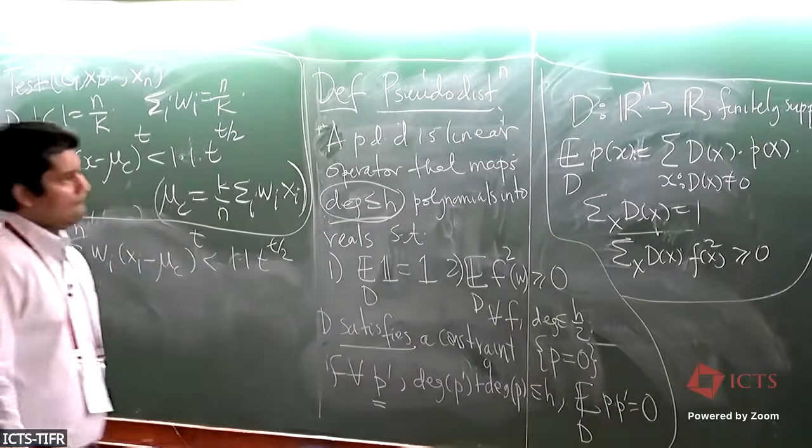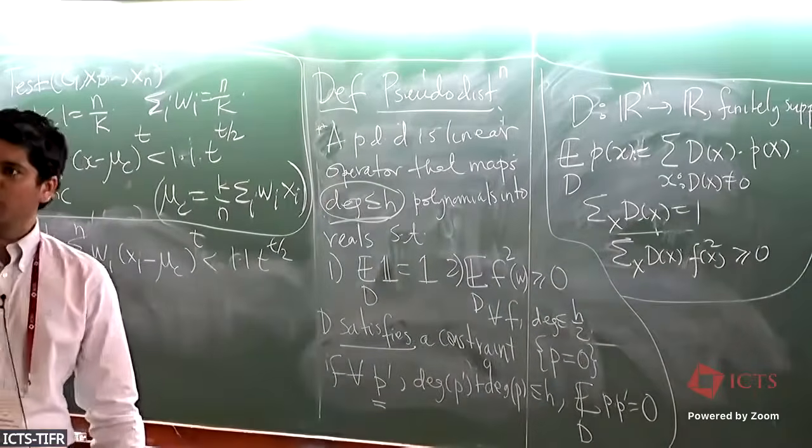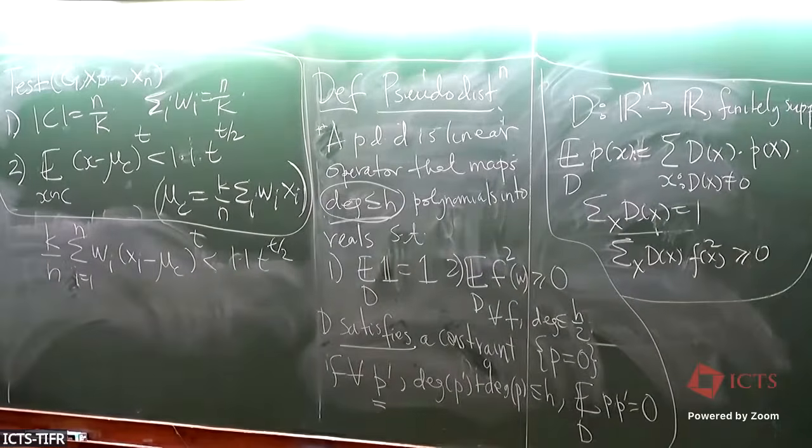First, what do I actually have to prove? I have the moments of this pseudo distribution. All I have to argue is that this pseudo distribution satisfies this property. Actually, I also have to prove that it satisfies non-negativity. So let's maybe start there.